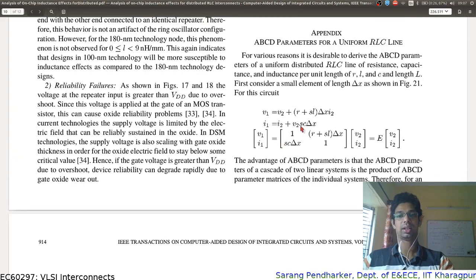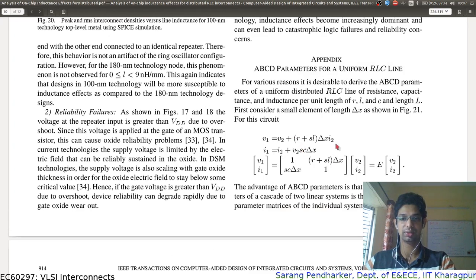In their derivation for the ABCD parameters, they start with a simple case. They have an infinitesimally small segment like this, so your V1 and V2 are connected like this.